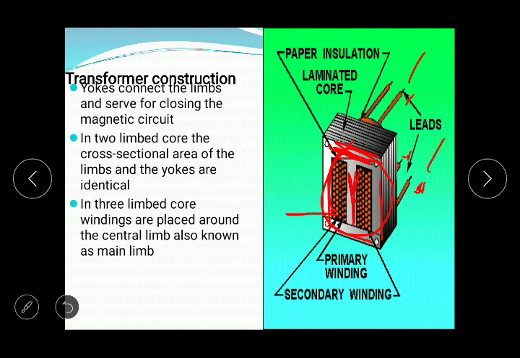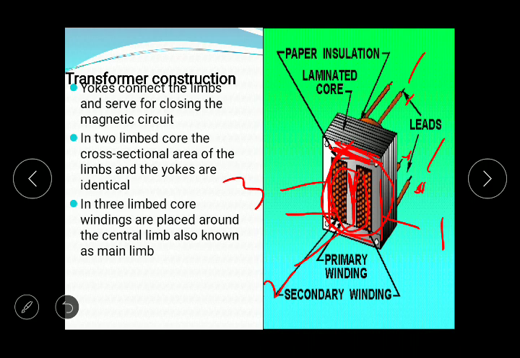Here this one is three-limbed: this is the first, this is the second, and this is the third. Windings are placed around the central limb.